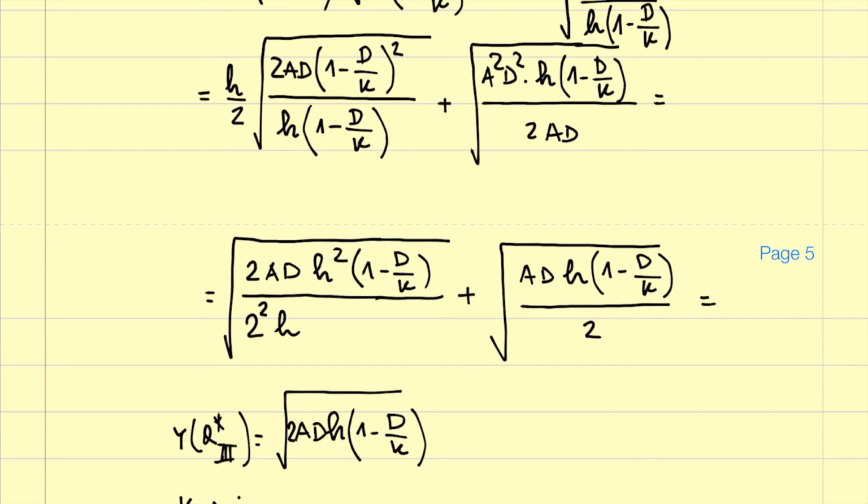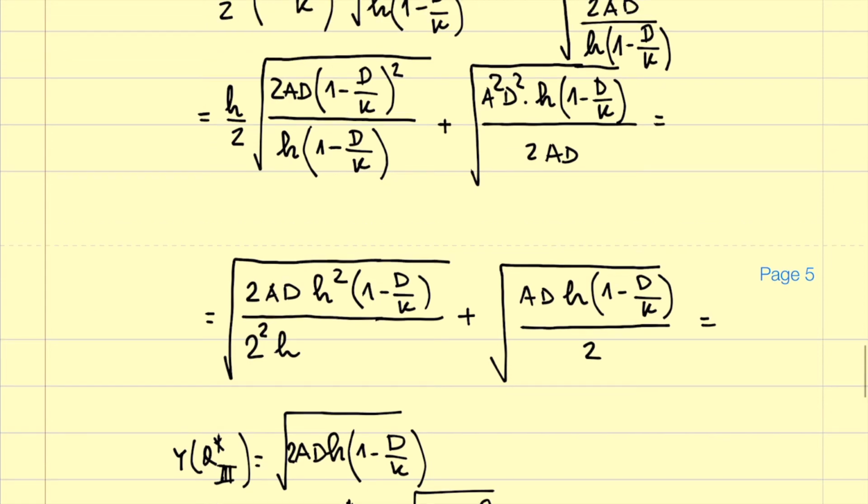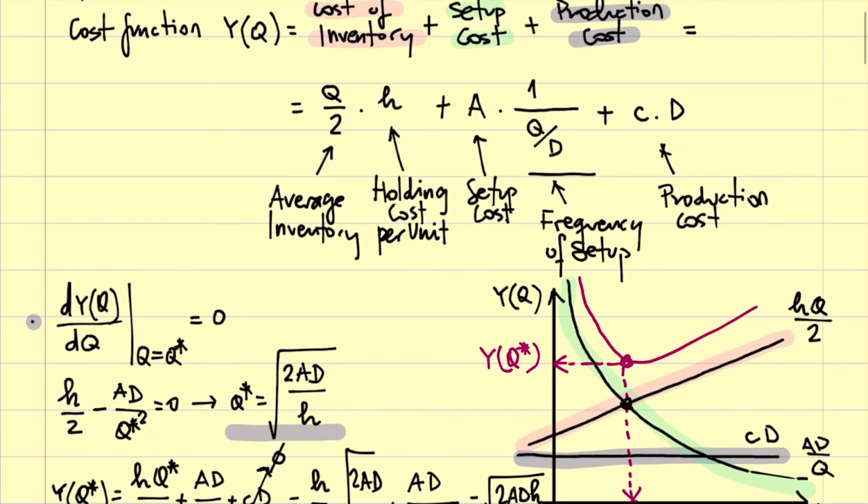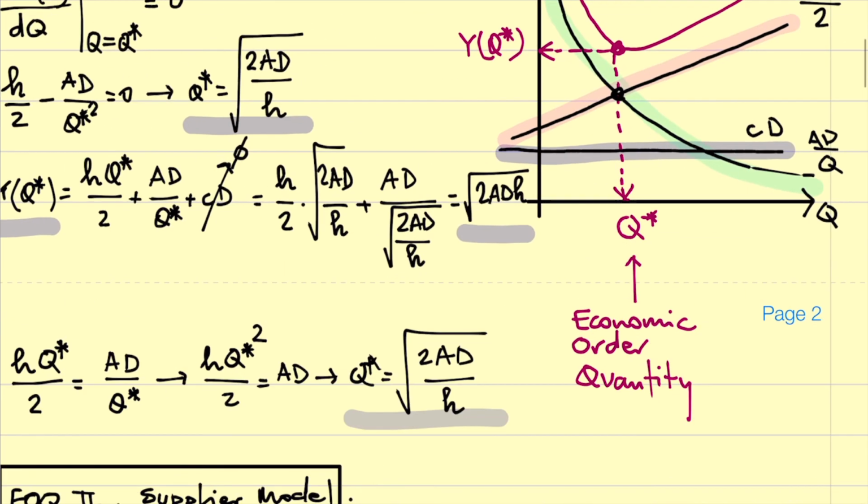When K tends to infinity, we have epsilon of Q star 1, which is 2ADH. So we had that somewhere before. Okay.